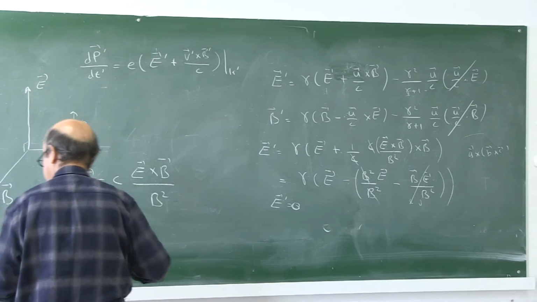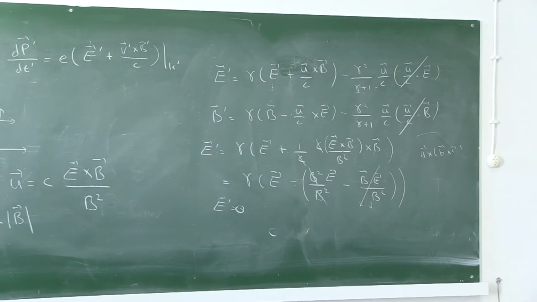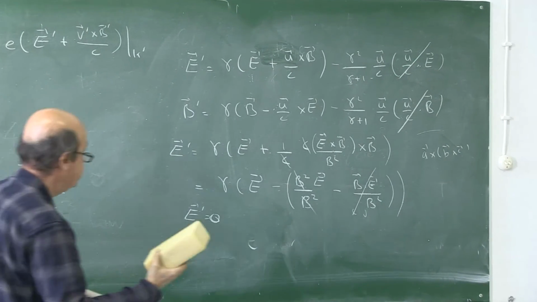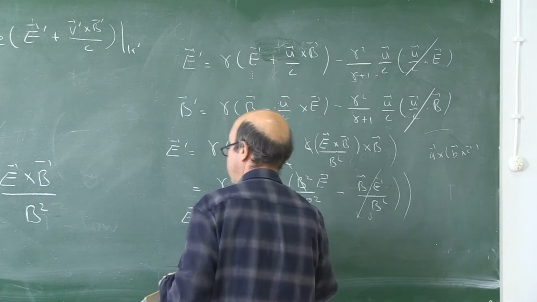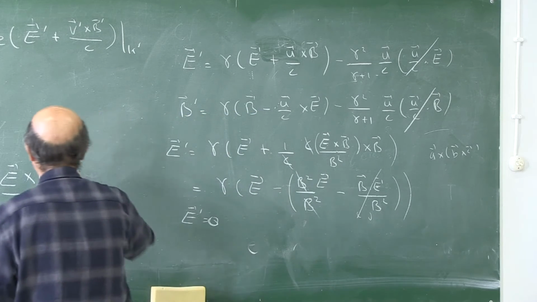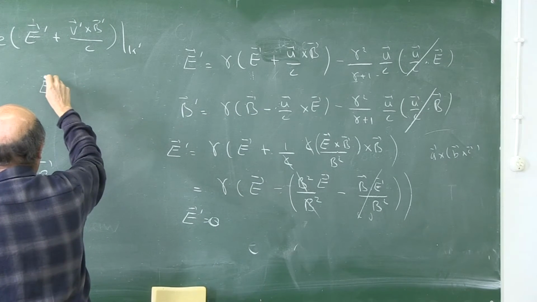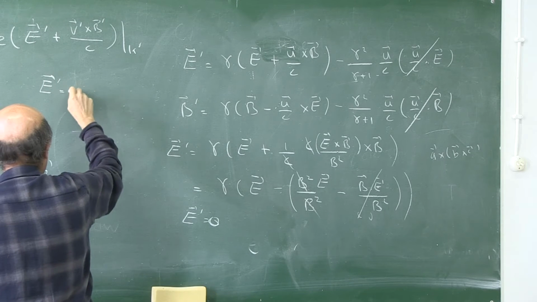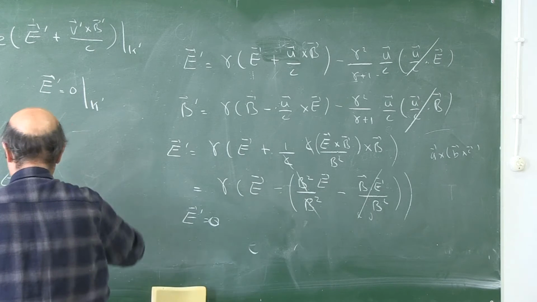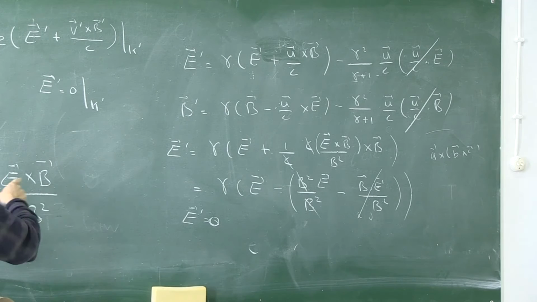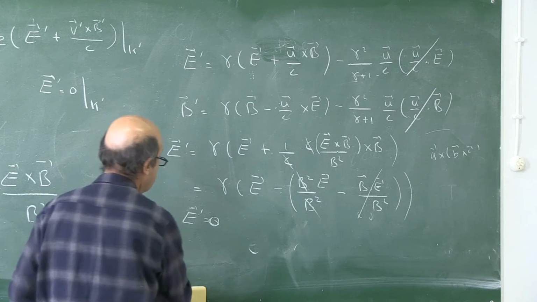So let me write there, E prime is 0, and study the magnetic field. E prime is 0 in the moving frame with velocity u equal to c E cross B over B square.